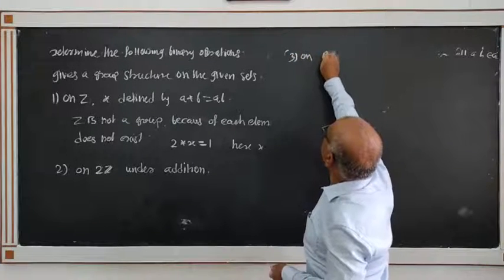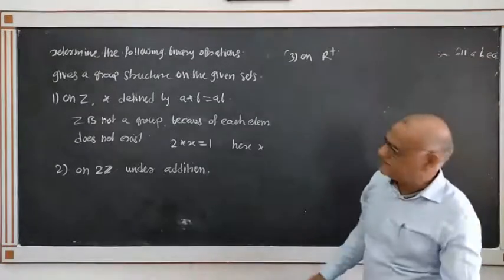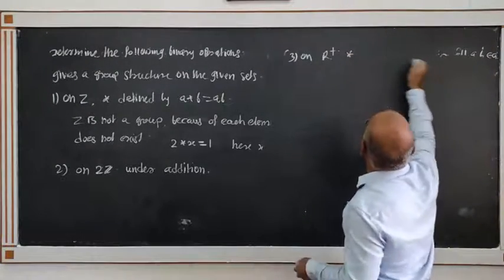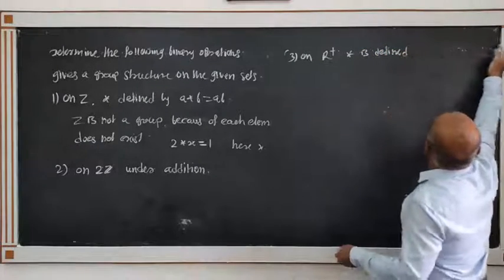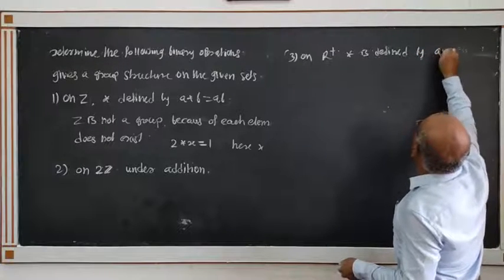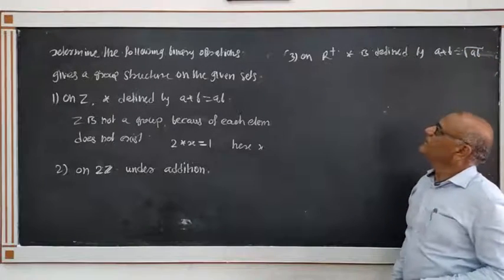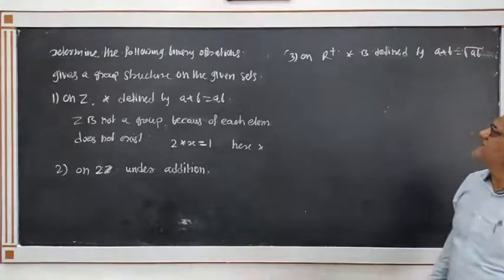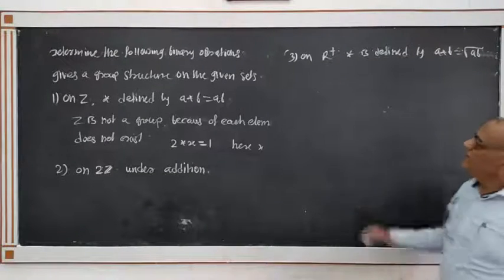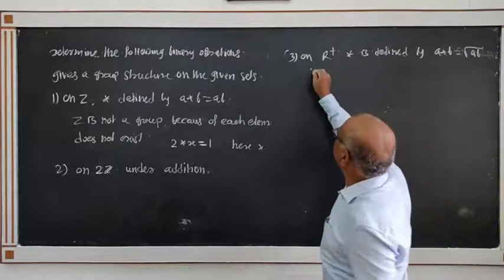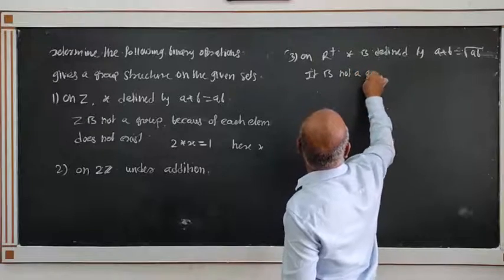Now, third example. On R plus, the set of positive reals, the operation star is defined by a * b is equal to root of ab.